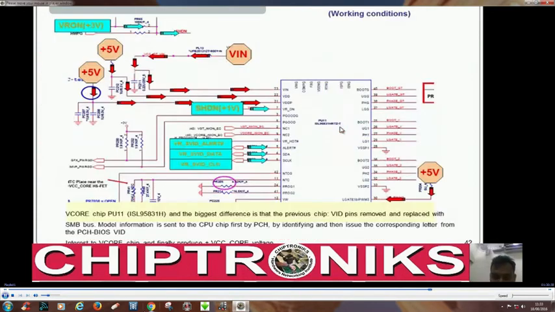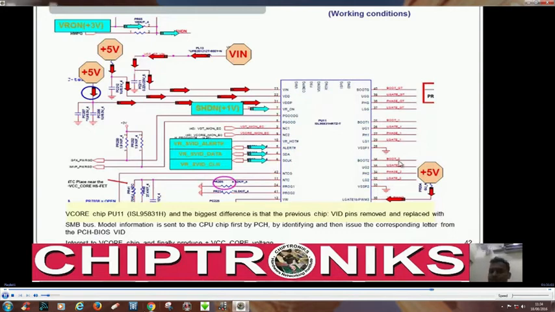So we have seen that in this board, in Intel Series 6 chipset, the processor must be inserted in the notebook motherboard to generate the core voltage regulator. Because if the processor is not inserted, then these three data will not be provided. These are the default data, right?